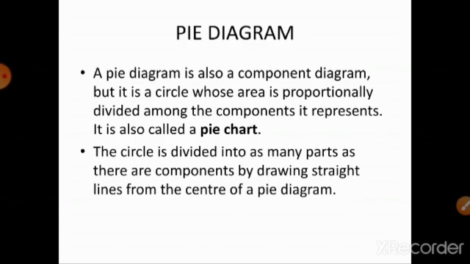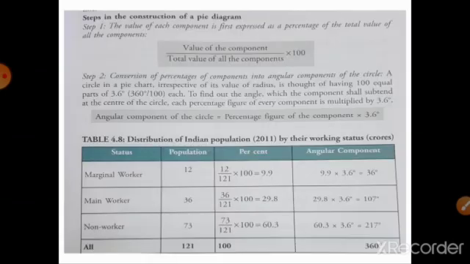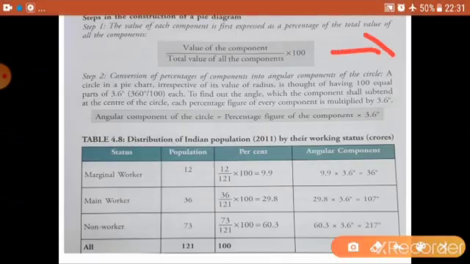Clear? So to draw a pie diagram, what steps are needed? You can see the formula here to construct the pie diagram, that is value of component divided by total value of all the components into 100.